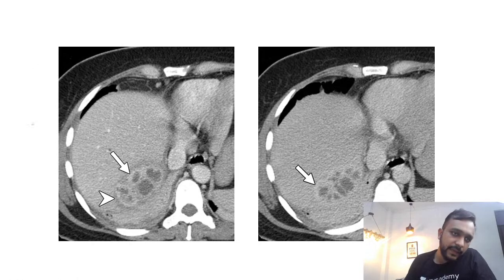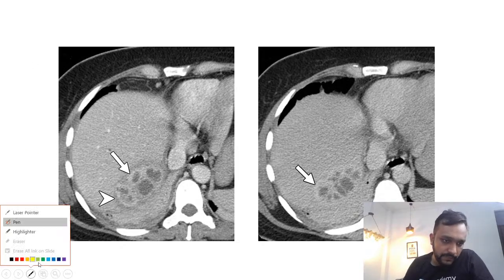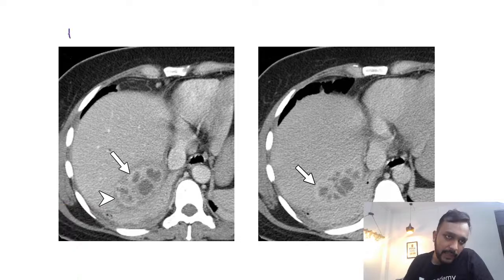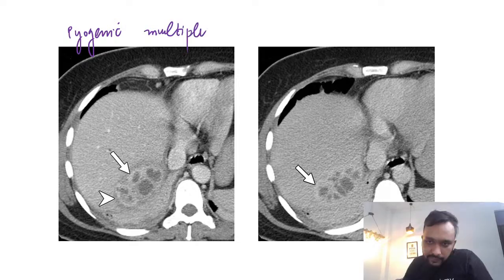And guys, in a case with pyogenic liver abscess, you are going to see multiple liver abscesses. Here again you are seeing multiple hypodense collections in the liver, which are surrounded by a peripheral hypodensity, right? So these are again multiple liver abscesses.